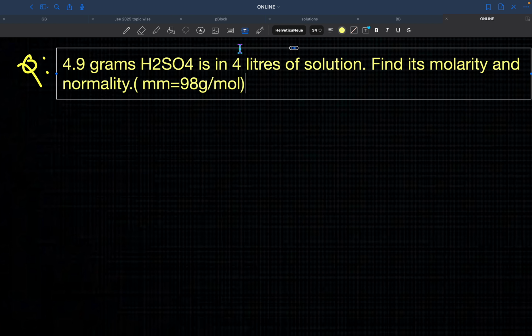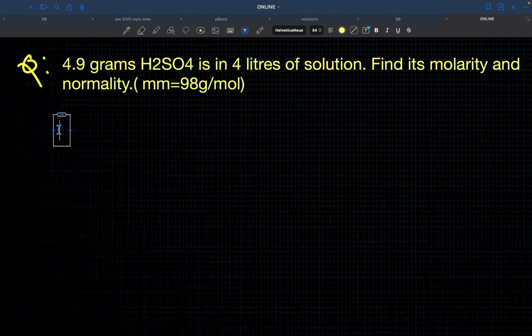First we need to calculate the molarity, right? So how do you calculate the molarity? Capital M equals mass given, which is 4.9, divided by 98 times 1 by 4 liters.